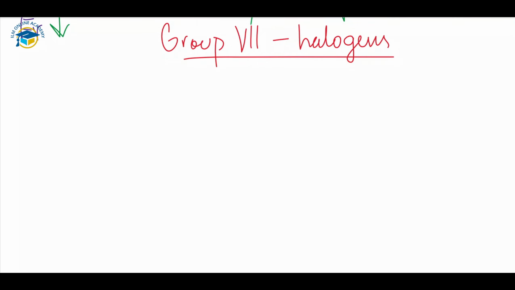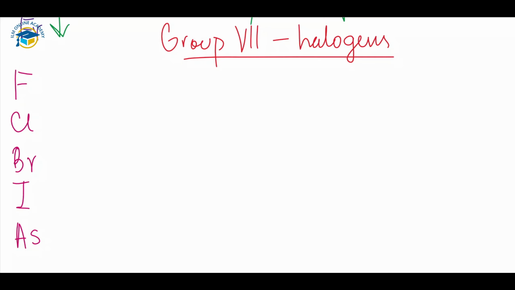In group 7, we have fluorine, chlorine, bromine, iodine, and astatine. These are the elements present in group 7, and we call them the halogens. These are the most reactive non-metals.